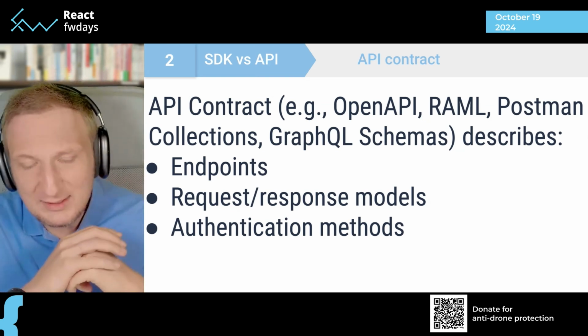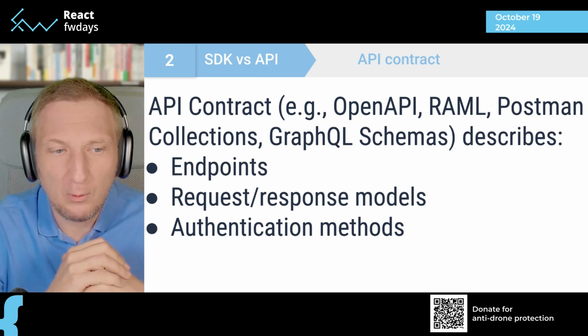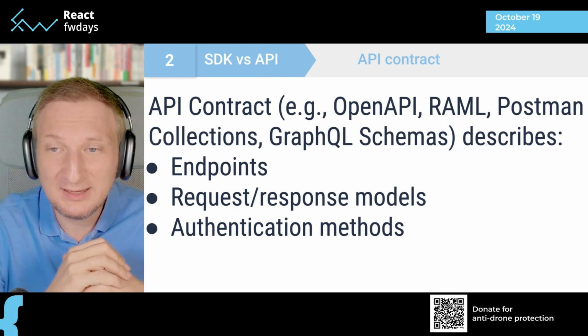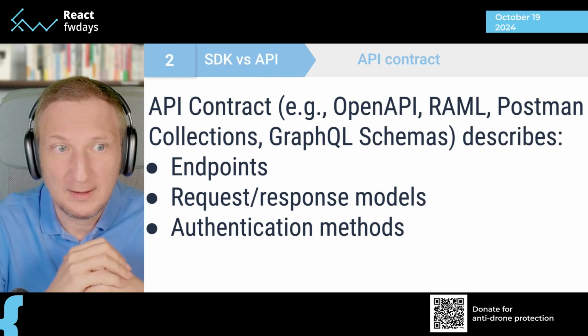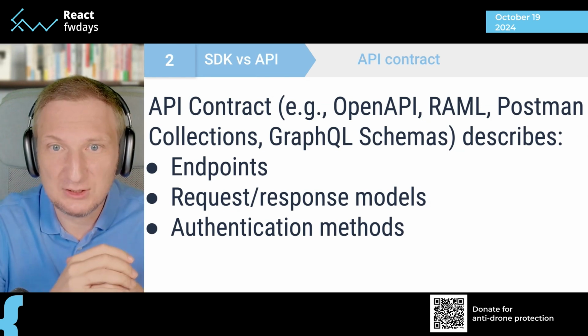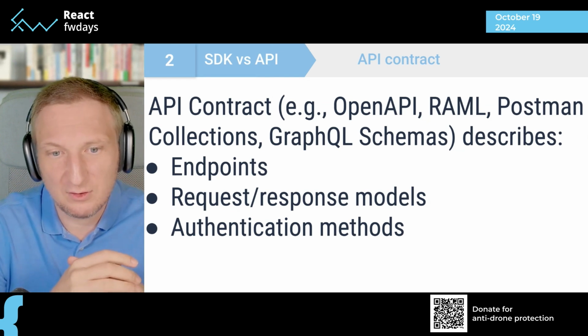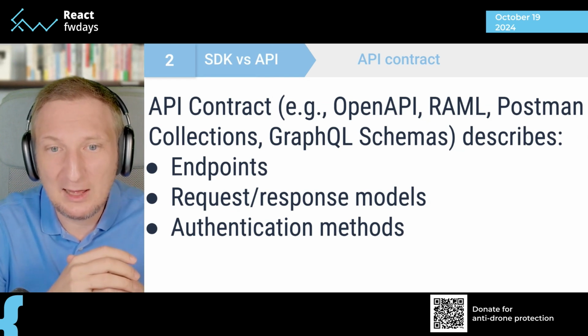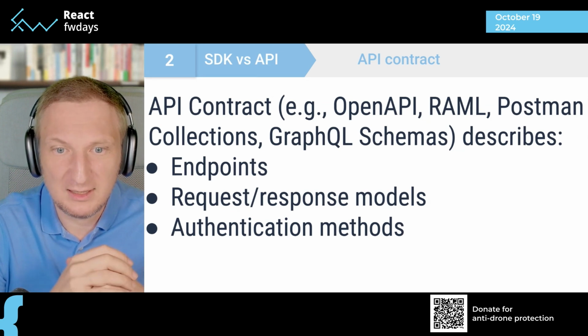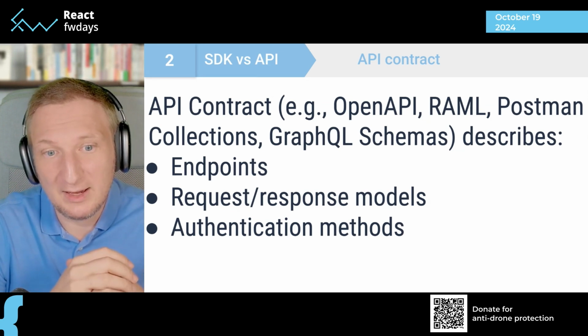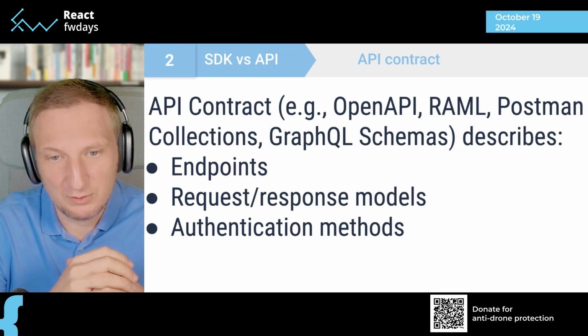On this screen, I show how big companies typically resolve the API specification question. Stripe, for example, has only OpenAPI. Cloud vendors have different formats, and of course, OpenAPI is the most popular.